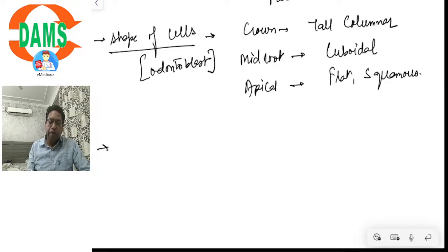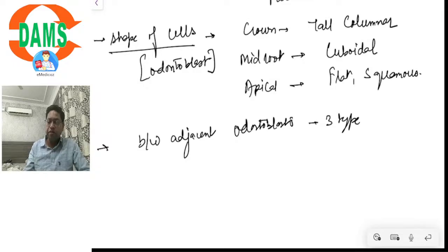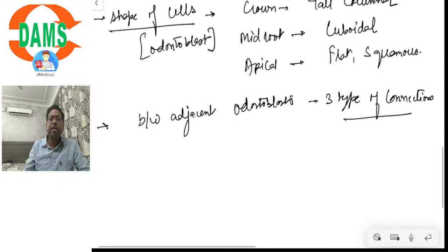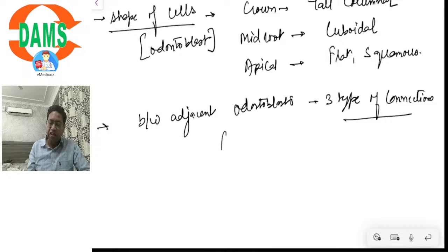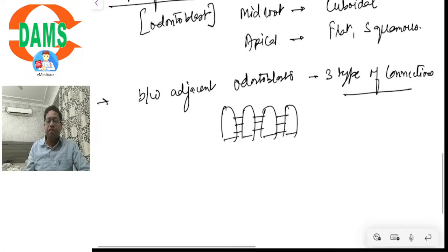Now, between adjacent odontoblasts, there are three types of connections. These odontoblast cells are not isolated from each other, but are connected by three types of connections. This is one odontoblast, this is another odontoblast, and they have certain connections between them.